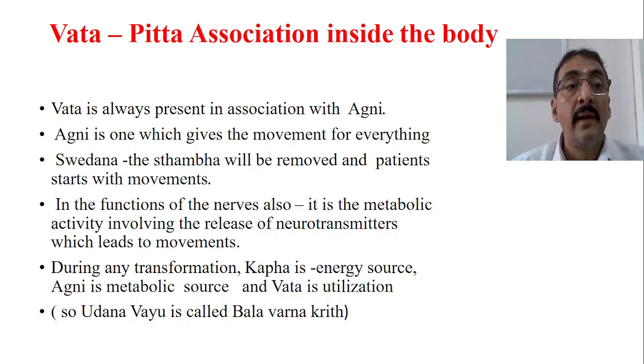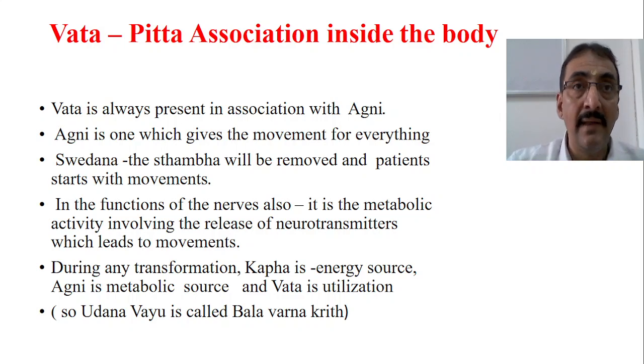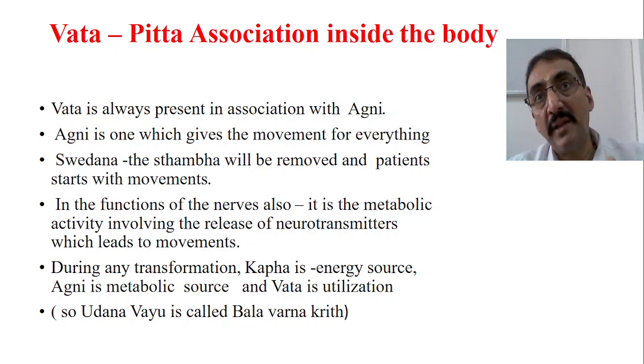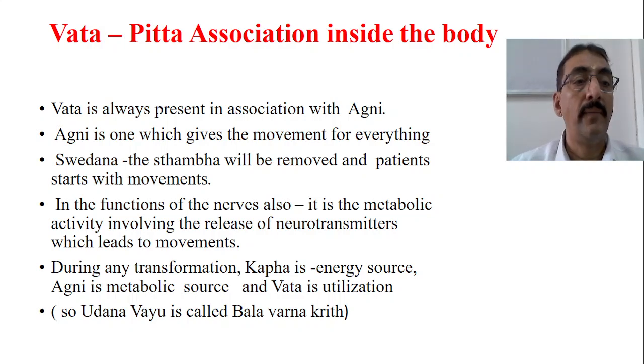When the movement of the Vata is decreased, leading to Stambhatva, then you have to give the Agni in the form of Svedana. When you give Svedana, the functioning of the Vata starts again, because it is always present in association with the Agni, and one of the functions of the Agni is Lagu Guna, which is also a function of Vata. In the functions of the nerves also, it is metabolic activity.